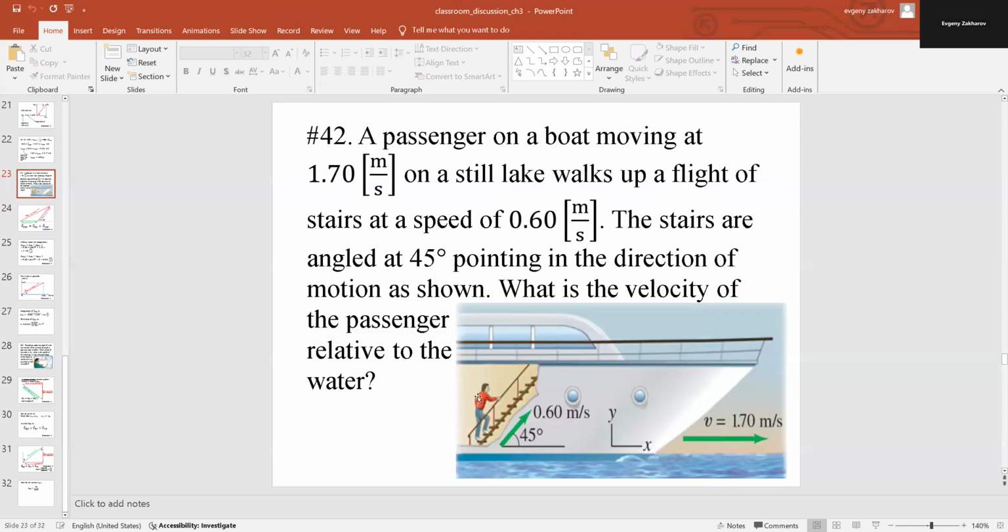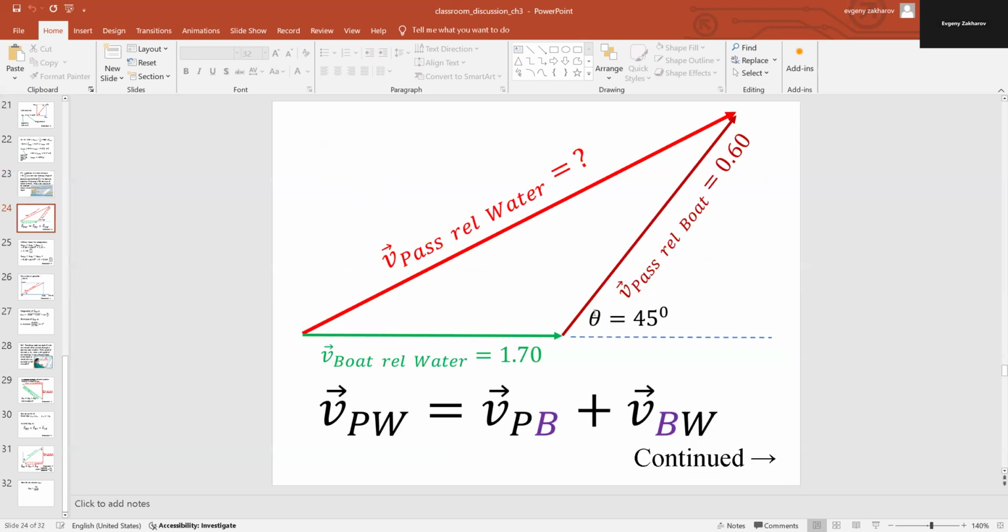And then we've got the passenger with respect to the boat. It is 45 degrees with respect to horizontal, and the magnitude is given. So the magnitude of this vector is given, and it's 45 degrees between the orientation of the water and the passenger moving.